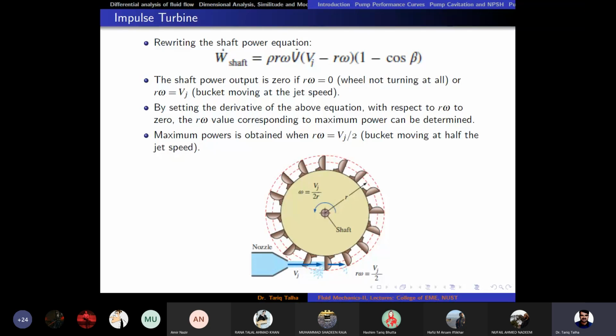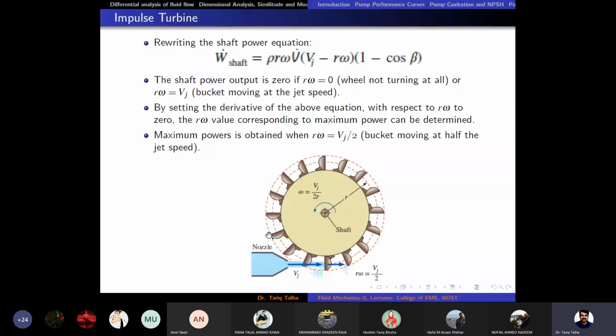So shut-off point, if we say that it corresponds to R omega is equal to 0, when wheel is not turning or pump impeller is not turning. And then if R omega is equal to Vj, then it means that it is the delivery point, that the incoming jet is not going to impart any angular momentum on the bucket. So that's why there is no use of that as well.